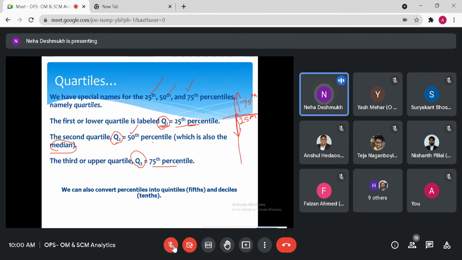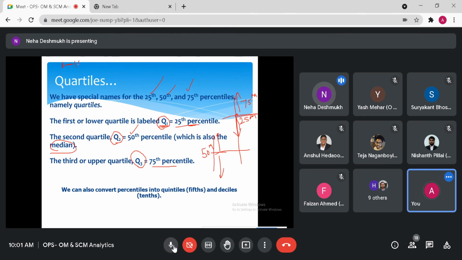Q2 is the 50th percentile. What does it mean? It means that in this data distribution, the location of 50th percentile means 50% values are below that value, 50% values are above that value, right? Suppose 1 to 10, these are the numbers.